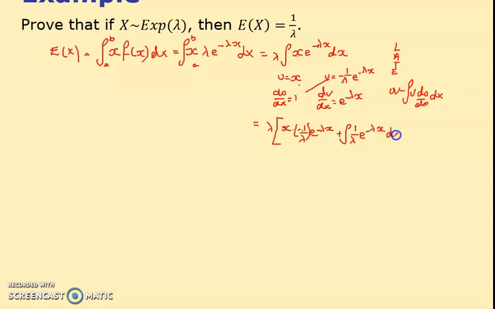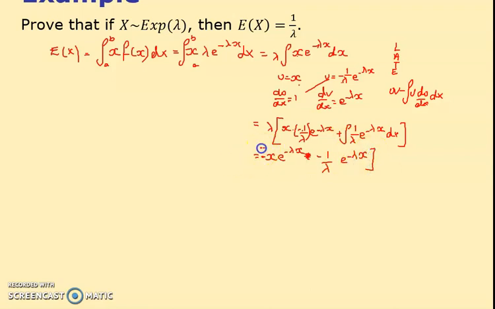And that's why we can do this, because effectively this is now integratable. The great thing is that lambda times this and lambda times that are both on the bottom, so they cancel, and a lot of those lambdas disappear. This becomes minus x e to the minus lambda x plus the integral. When I integrate this, the minus lambda comes down on the bottom again, so I get minus 1 over lambda e to the minus lambda x.